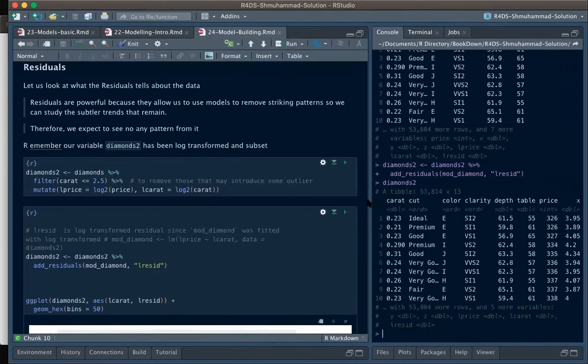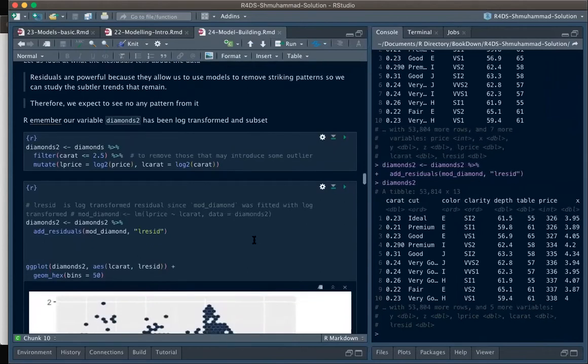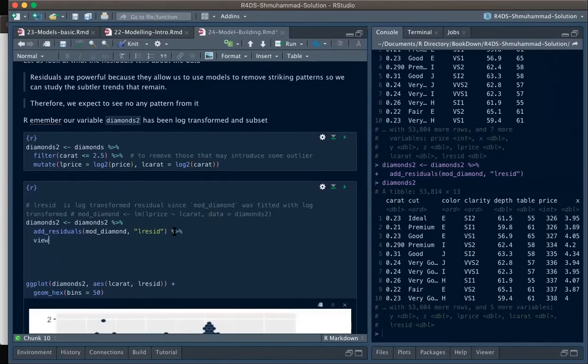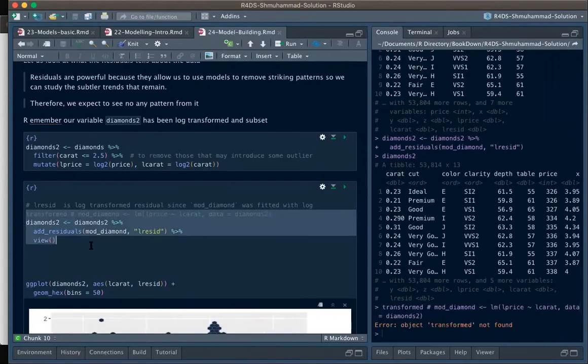Definitely it might be in the environment, or you can just view it from the console.